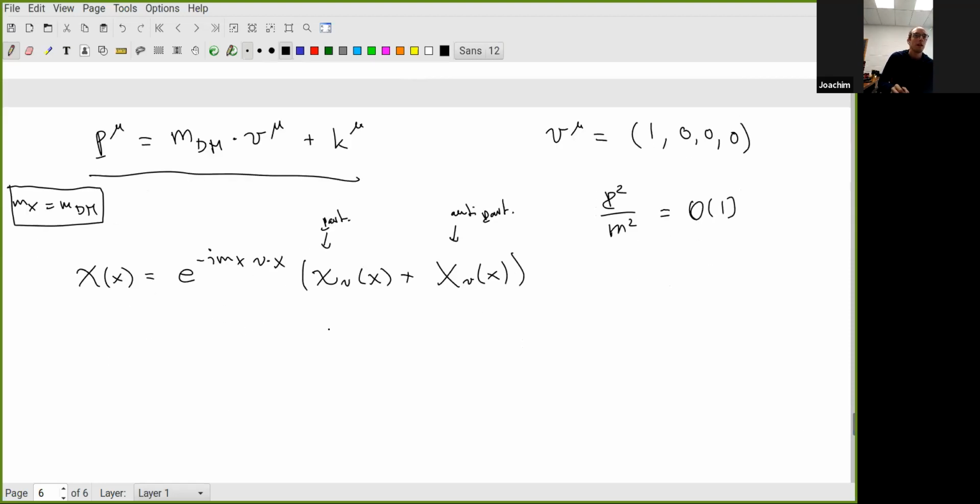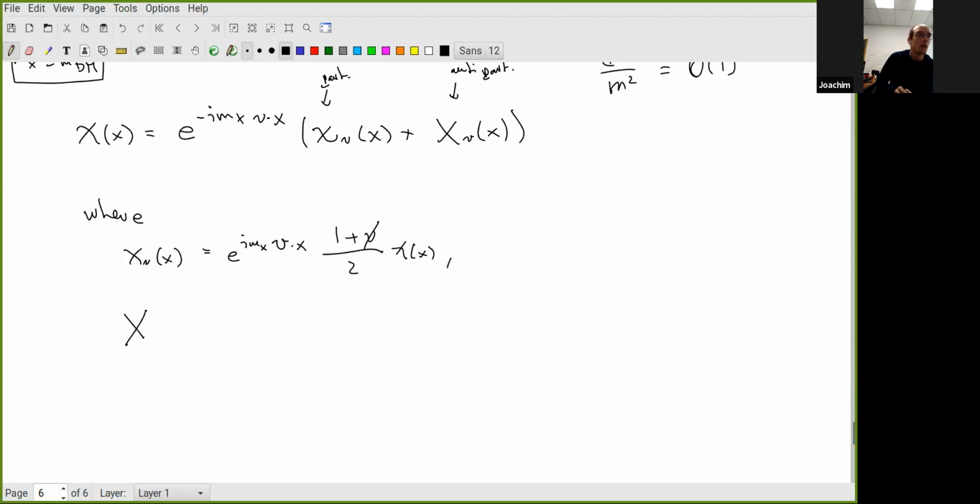Okay, and what is this split? I should be more explicit. So the small chi_v of x is e to the i m_chi v dot x times (1 plus v slash)/2 times the original field, chi of x.